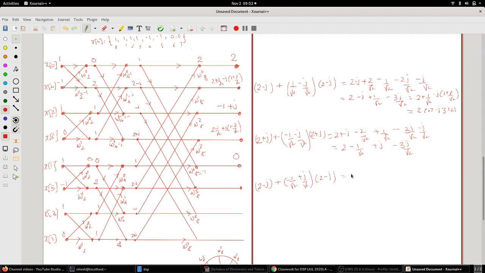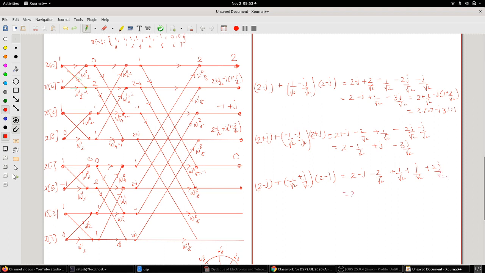Okay, so this comes to like 2 minus j minus 2 upon root 2 plus 1 upon root 2 minus 2 minus j upon root 2, sorry, plus j upon root 2 plus 2j upon root 2.